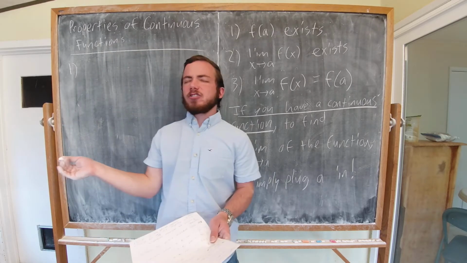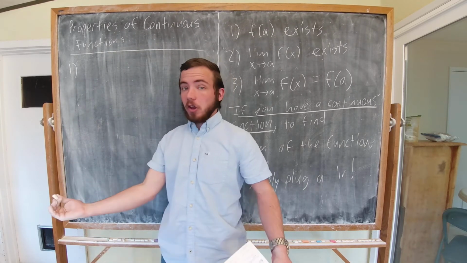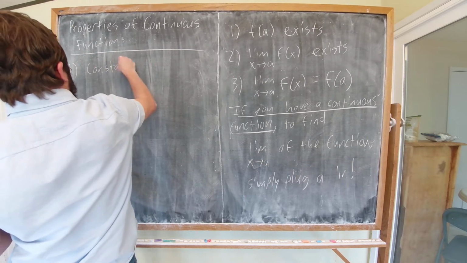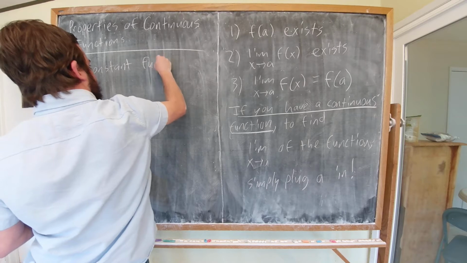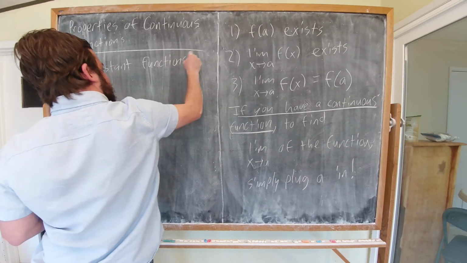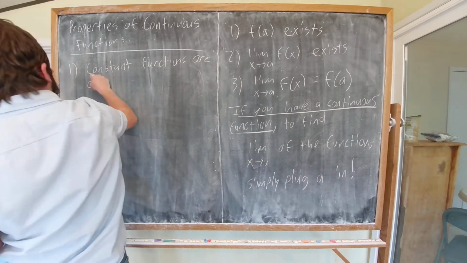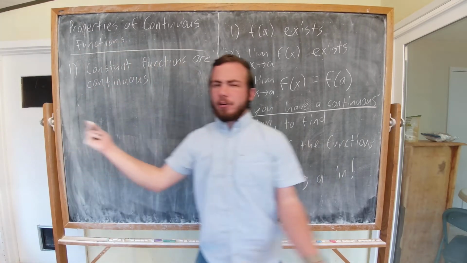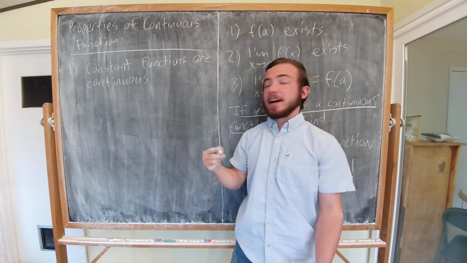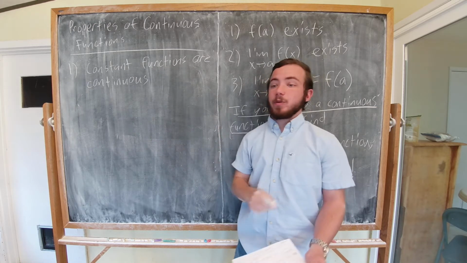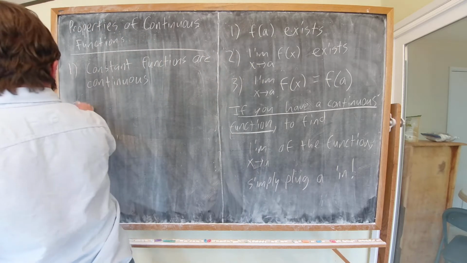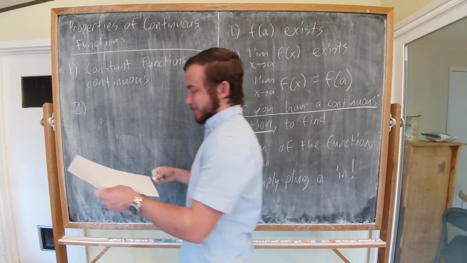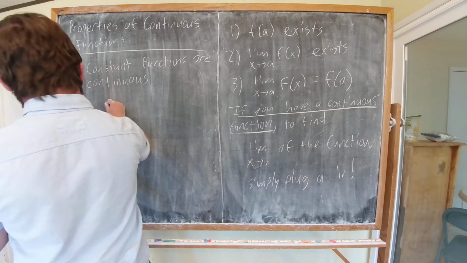Two most important functions to have continuous, and these ones we should all agree are continuous: constant functions are continuous. Right? Agreed? It's just a horizontal line. So I think we should all be content with that. Proving it is not hard, but it's work that I'm not going to write out. Do it yourself as a fun exercise.